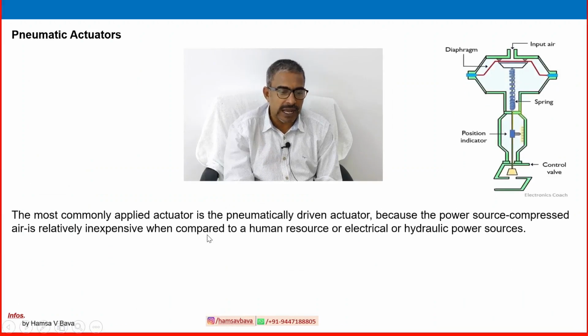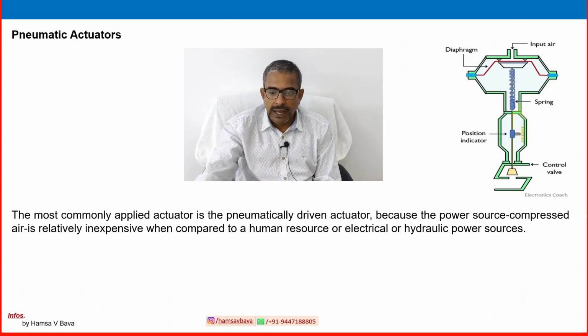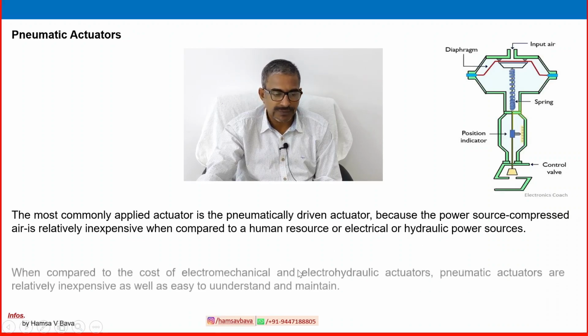Pneumatic actuators: the most commonly applied actuator is the pneumatically driven actuator, because the power source, compressed air, is relatively inexpensive when compared to human resources or electrical and hydraulic power sources. We already discussed the advantage of compressed air as a pneumatic power source.